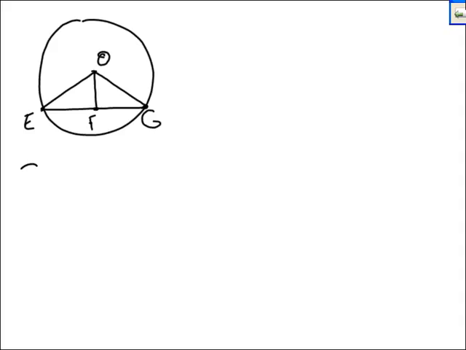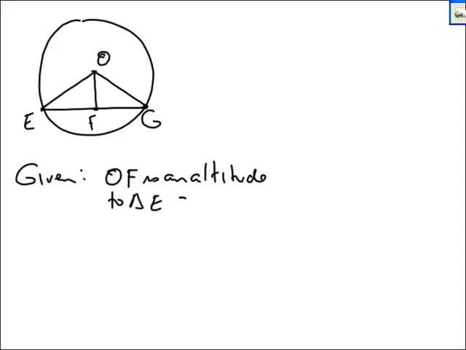You are given that OF is an altitude to triangle EGO.